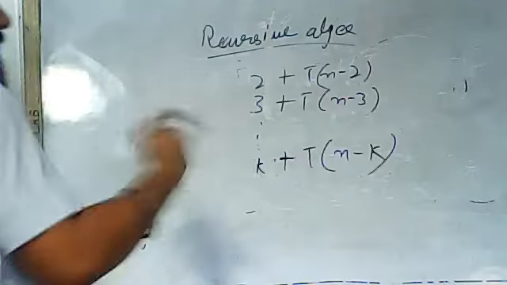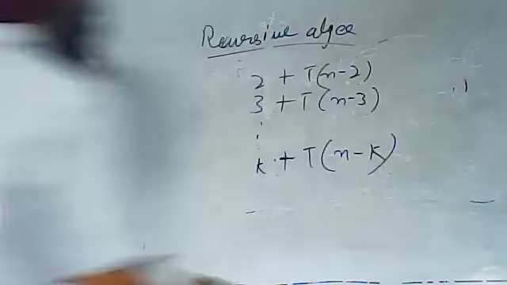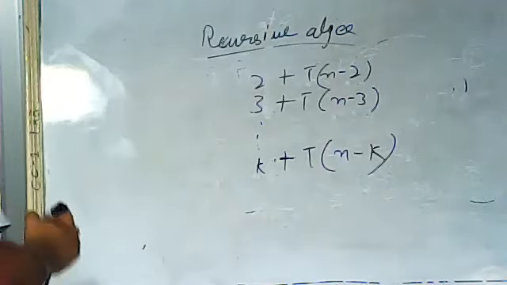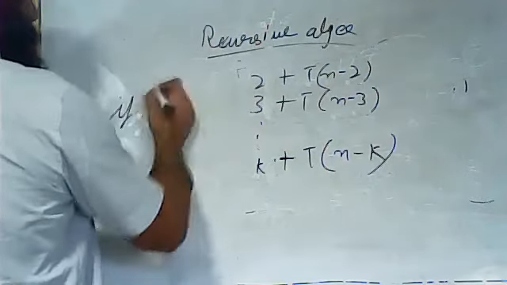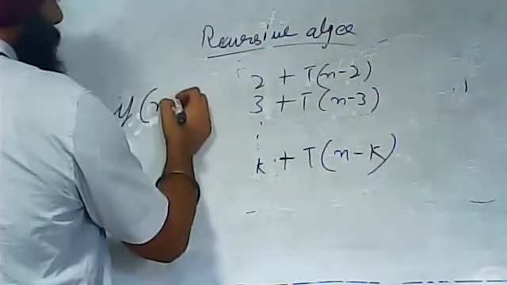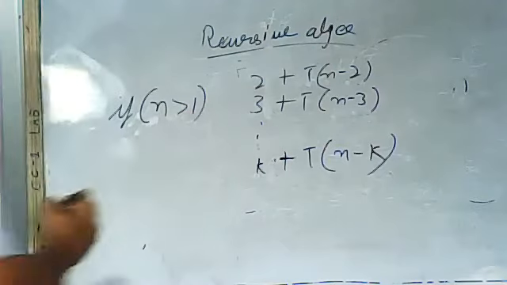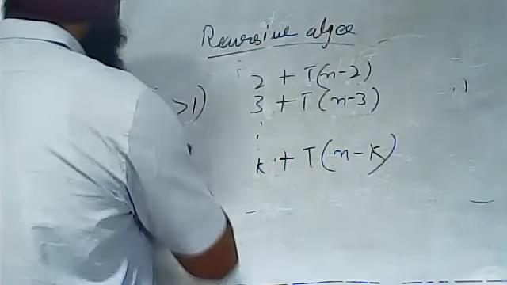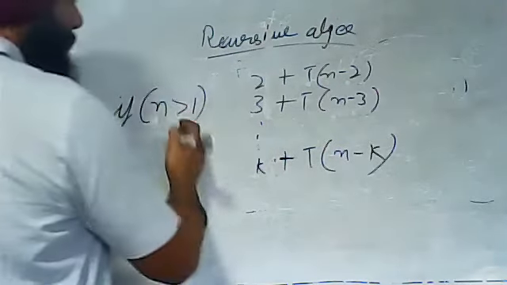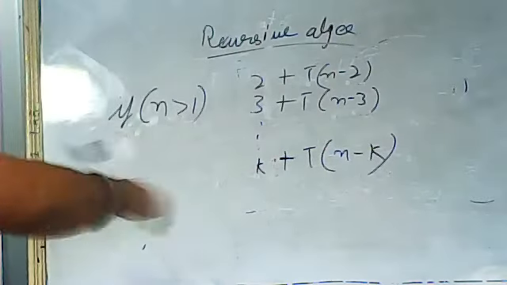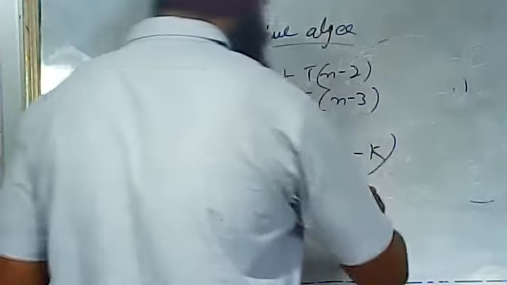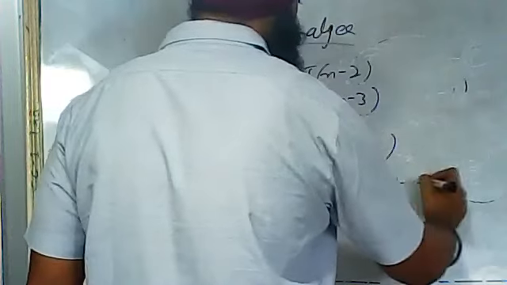Then when will it stop? We have seen in the algorithm, it will only stop when n is less than or equal to 1. So if this whole term, this whole time will become equal to 1, then only it will stop.